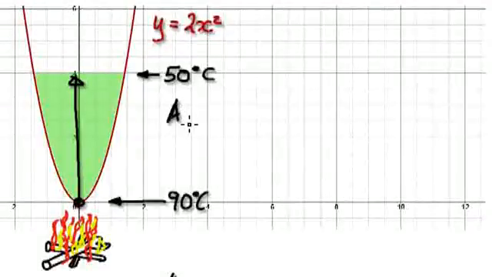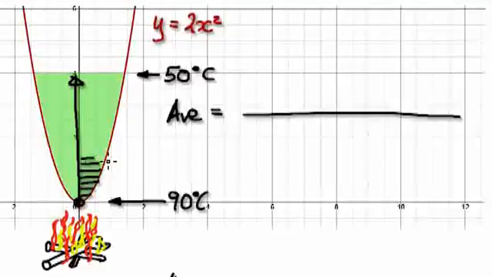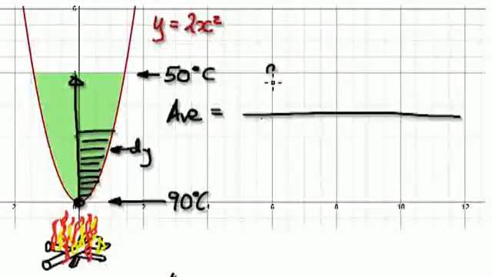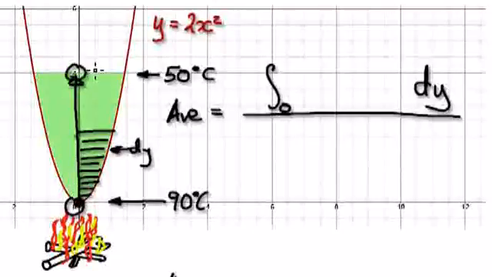So the average equals, don't forget, we're doing it like this. We're summing up all. Well, if you look at the thickness of this thing, it is dy. So it's going to be us doing something along the line of dy here. Okay, so from 0 to 4, and we need to set up the temperature. So to set up the temperature, you start at 90.